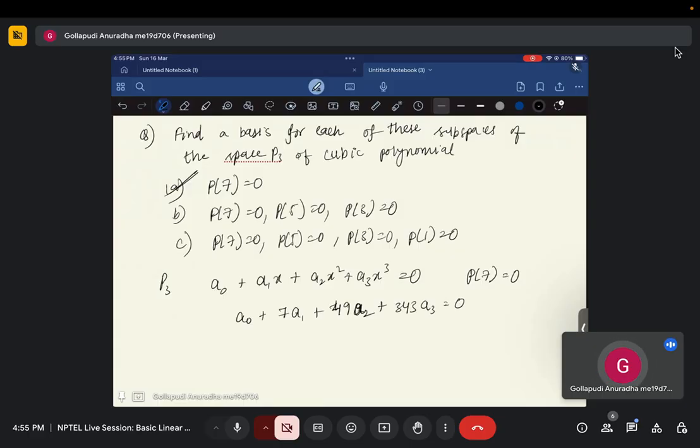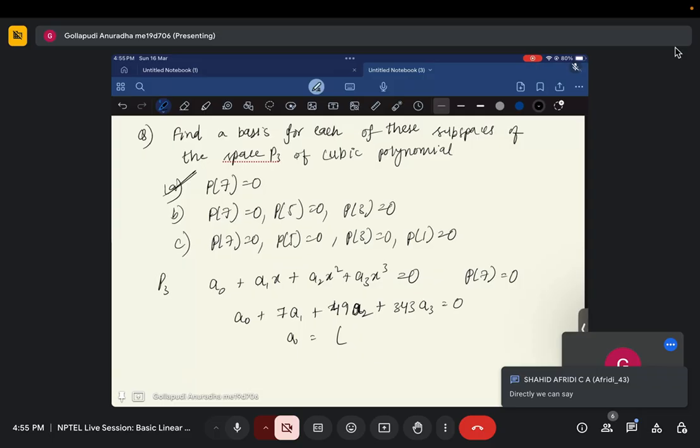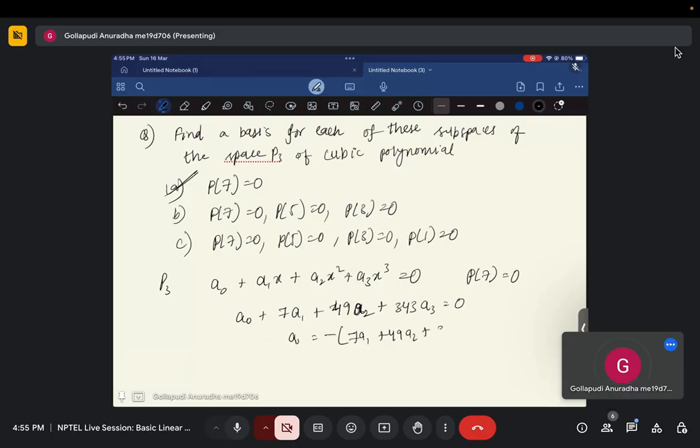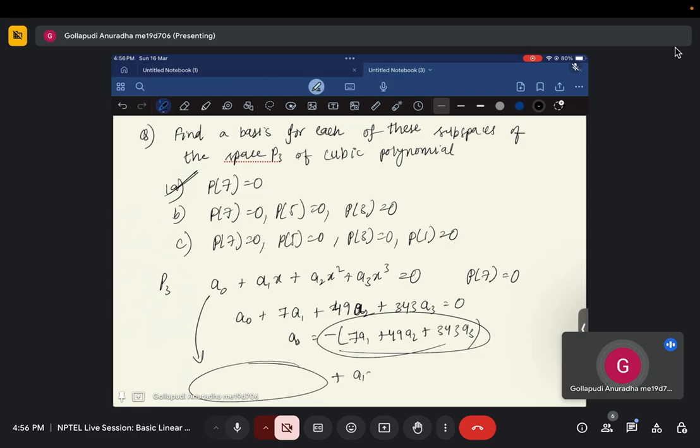So how can you write this? a0 equals minus 7a1 minus 49a2 minus 343a3. So I can write P3 as this.